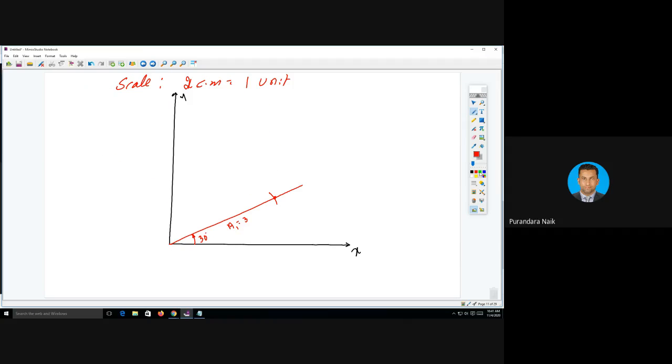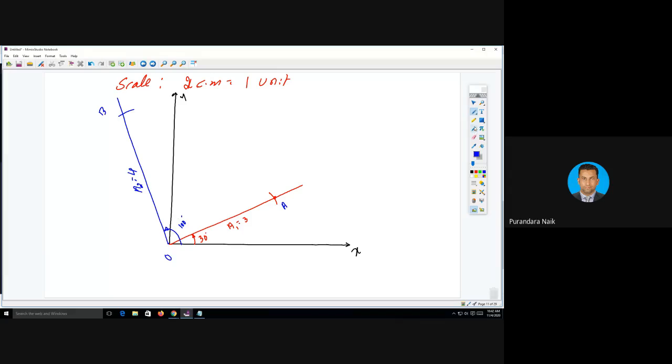Unit 4 means 8 centimeter. So A2 is equal to 8 centimeter or 4 unit. This is A, this is B, this is O, and the corresponding angle is 100°.